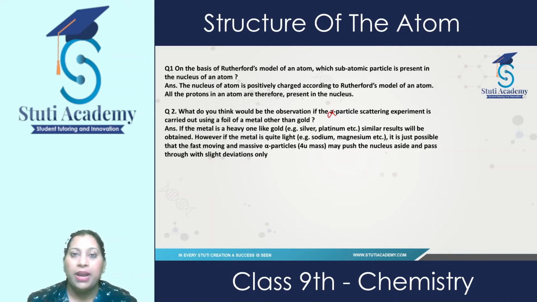But if the metal was light, then alpha particles, which are themselves very heavy, if they bombard the sheet of the lighter metal, then they push the nucleus aside and pass through it and cause some deviations.